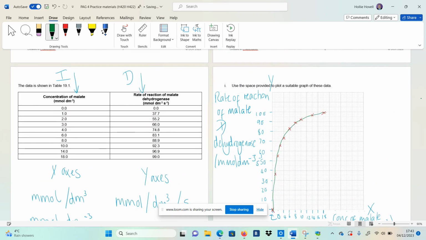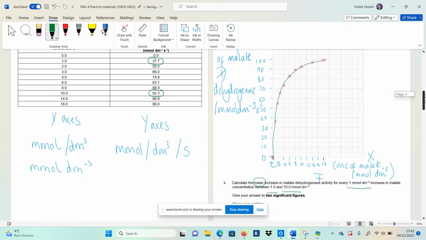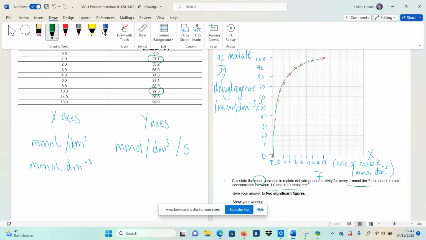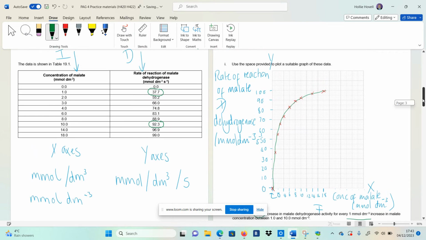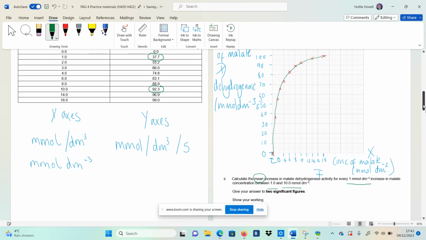So at 1, it was 37.7, and at 10, it was 92.3. I would always annotate my exam paper like that, circling the numbers I need. So the actual increase, the total increase, it says in malate dehydrogenase activity, okay, and that is what this heading is. Yeah, so that's definitely the number we need.